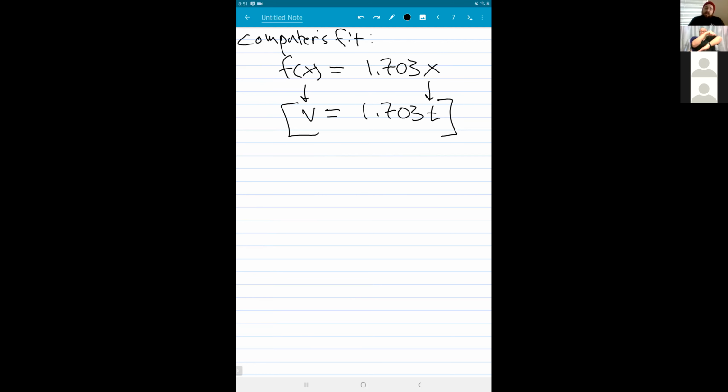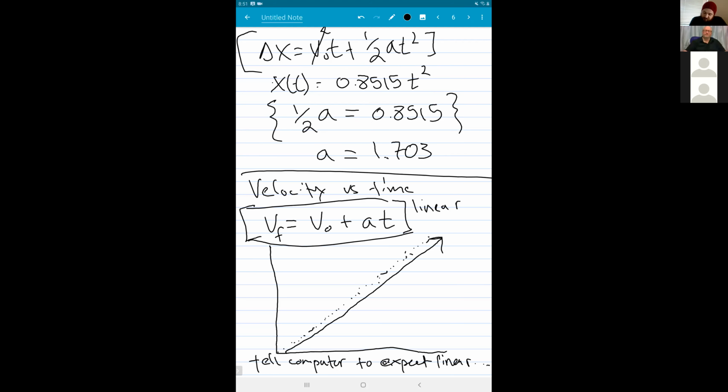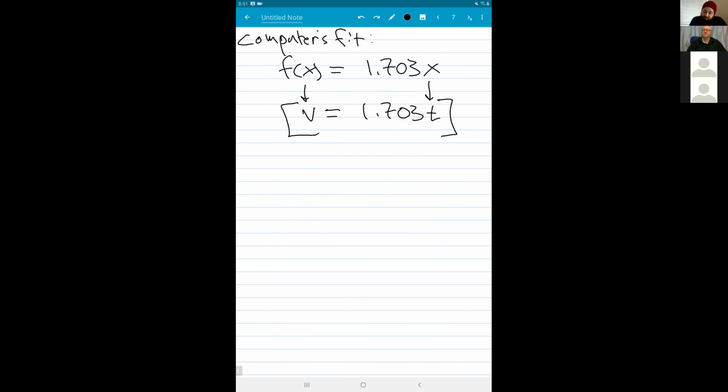Okay, so I expect the expression to look something like this: Vf is equal to V naught plus acceleration times time. And it comes out that the computer finds that the best way to fit this is to say 1.703 times time. Okay, well, that implies that V naught must be 0, right?